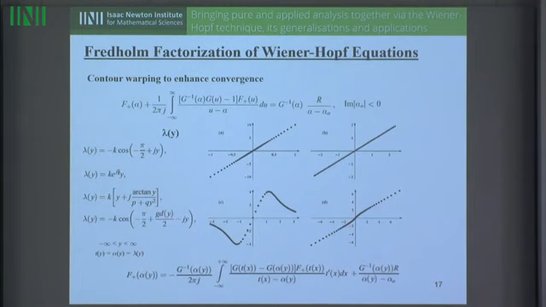So if we study the properties of the kernel, we see that usually singularities are located in the second quarter and then the fourth quarter.